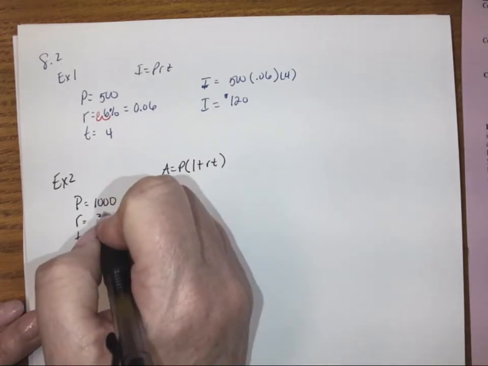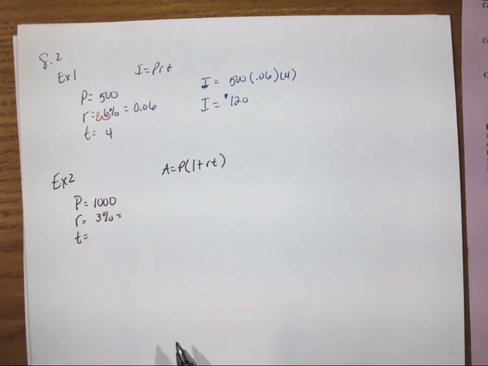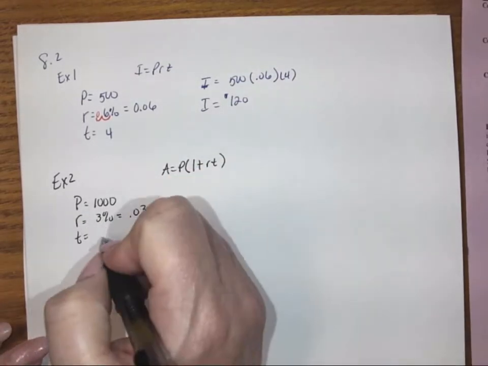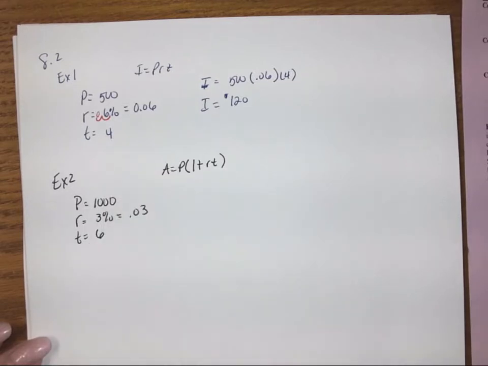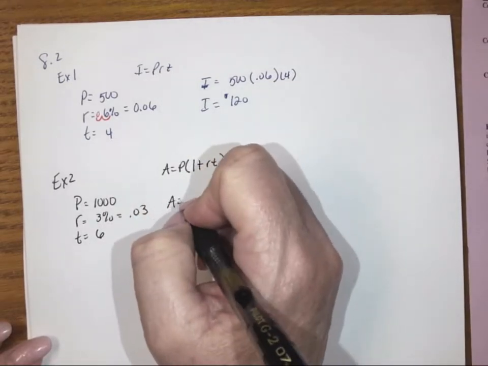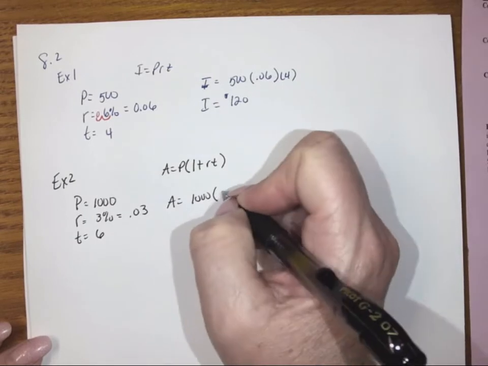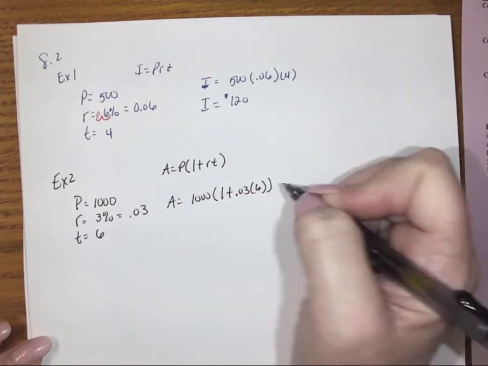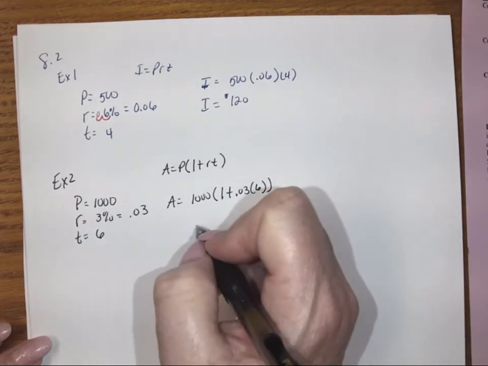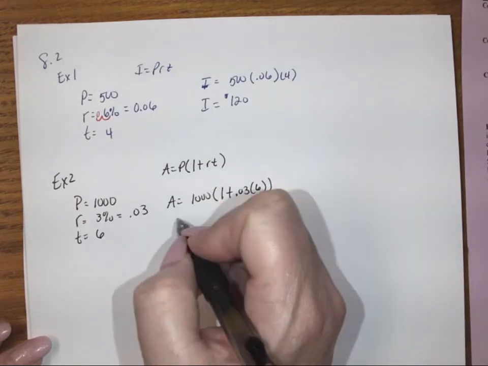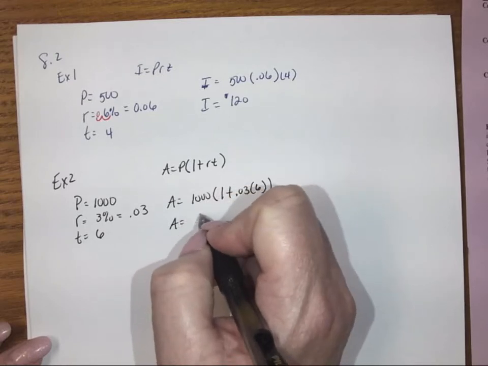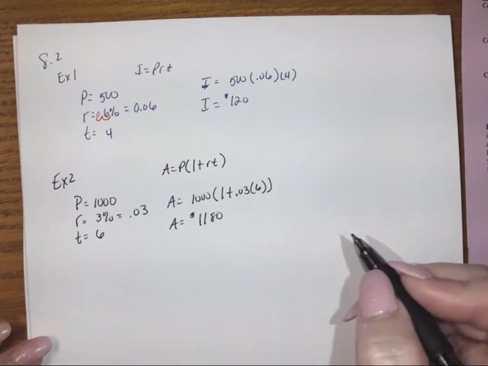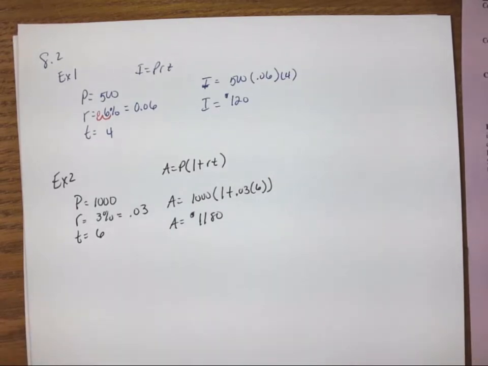Our rate was 3%, which we need to again change with our decimal places, so it will be 0.03. And the time is going to be 6 years. So A will be equal to 1,000 times 1 plus 0.03 times 6. And you can put that in your calculator all at one time. And your accumulated value will be $1,180. And that's at the end of your 6 years.